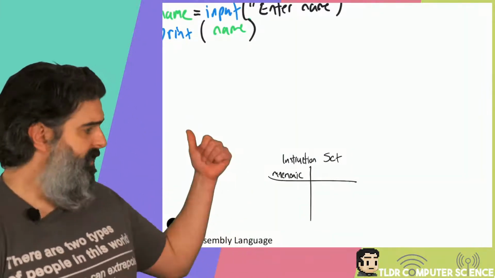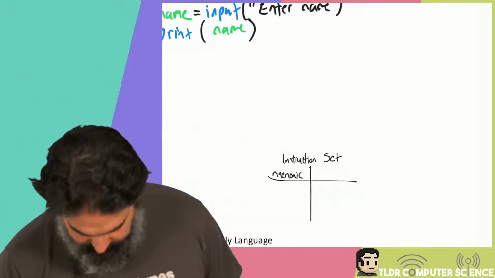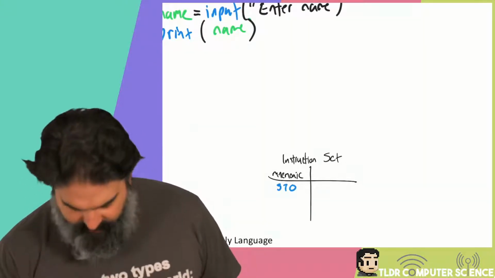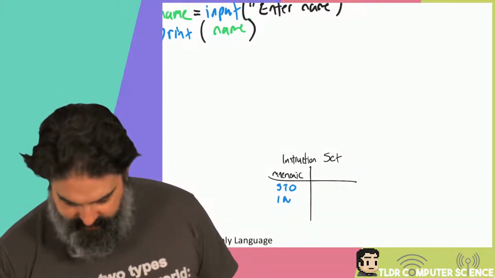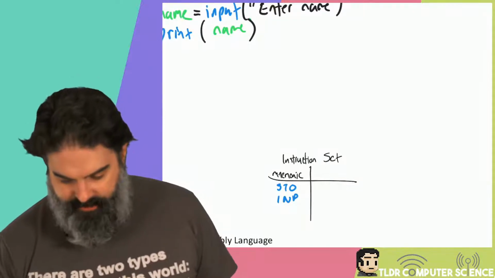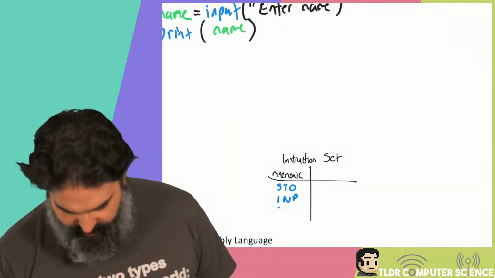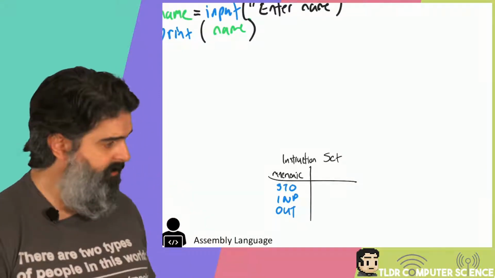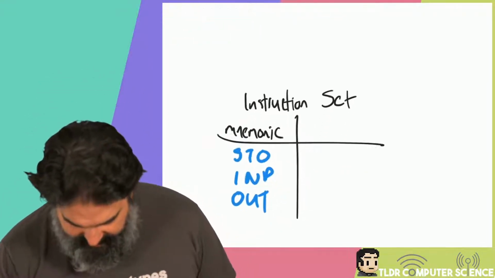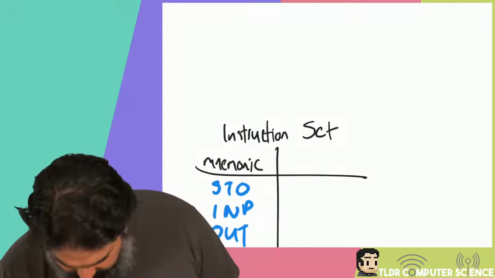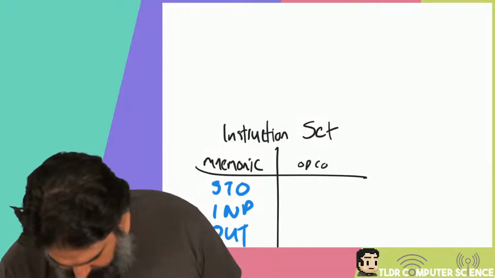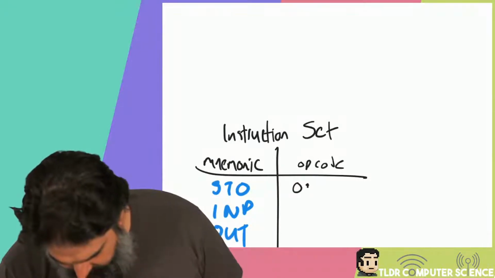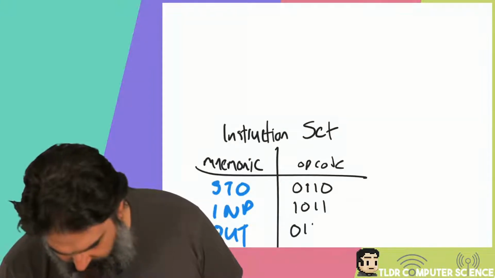Mnemonic. We need to be able to store. We need to be able to input. We need to be able to output with print. And we need to output a message, okay? And then in the instruction set, I'll say that this is the opcode 0110, 1011, and 0111.